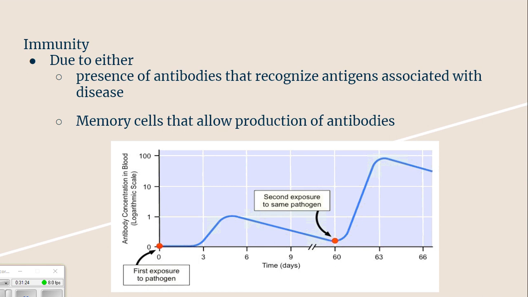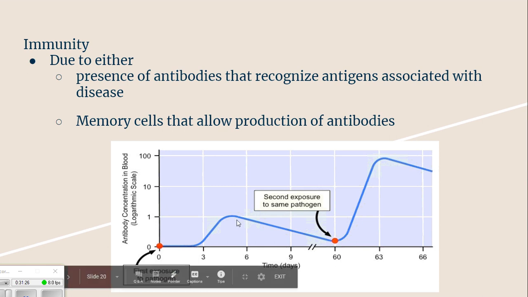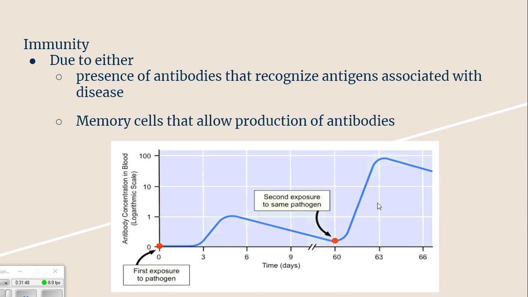So after first exposure to a pathogen, it takes about a week to reach that initial level. And then those levels linger around for a while, and then they go back down pretty low. At some time in the future, if there's a second exposure to the pathogen, you get a more amplified antibody response, and an antibody response that's generated a lot quicker.